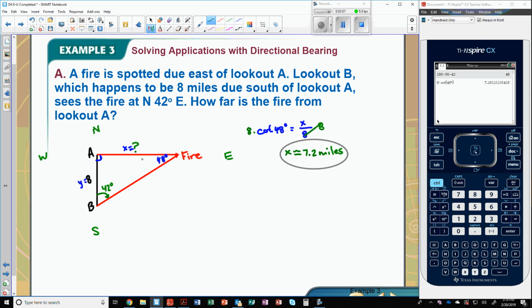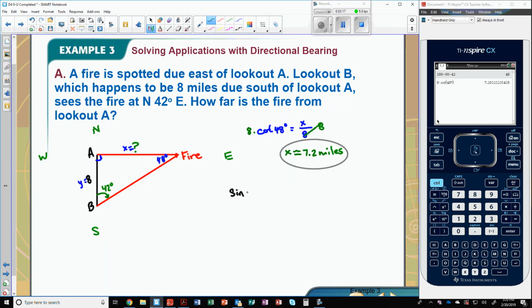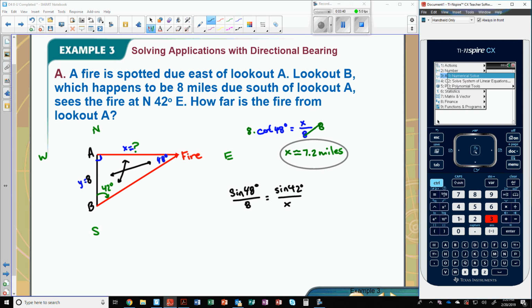What you could do with the law of sines is once you have a completed set, you could say that sine, and I'm getting this from the formula chart, by the way, the law of sines here, using this formula, is I'll say that sine of 48 degrees over its completed set, which is a crossover here of 8, will equal, and since I'm looking for this x, I'll use this completed set here, sine of 42 degrees over x. Now you could cross multiply and divide. Since I'm just checking this, I'm going to use nSolve.